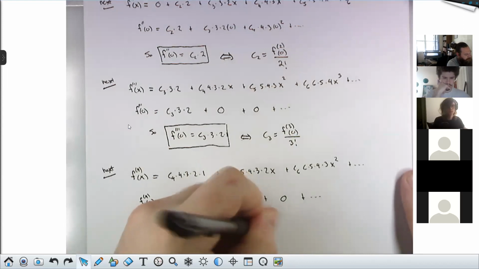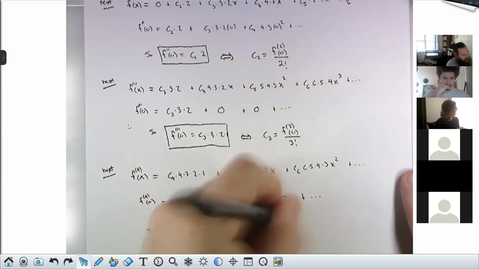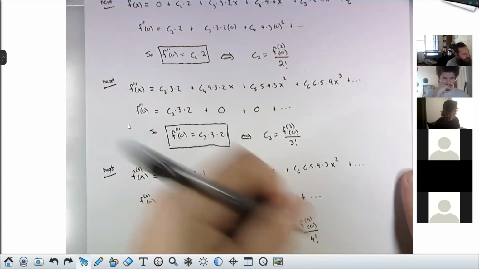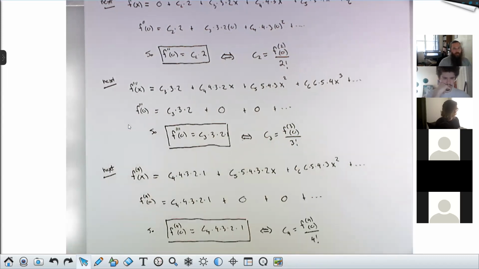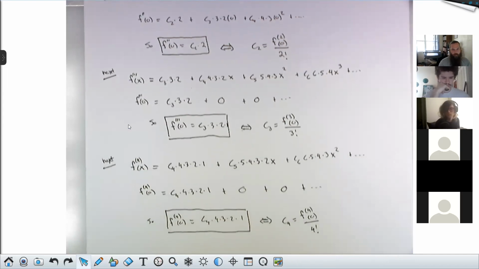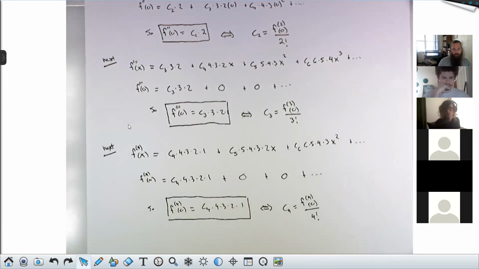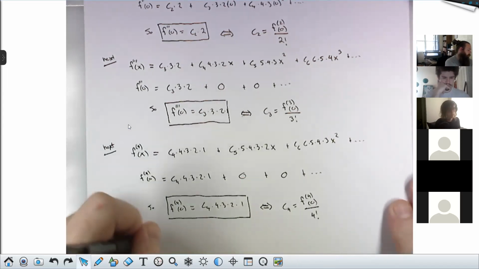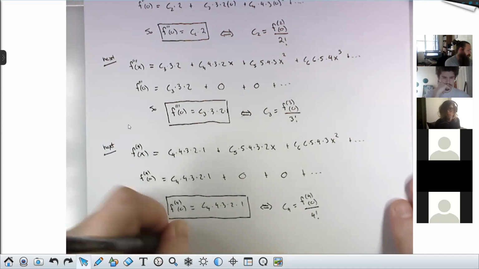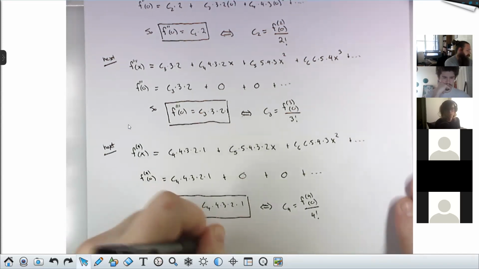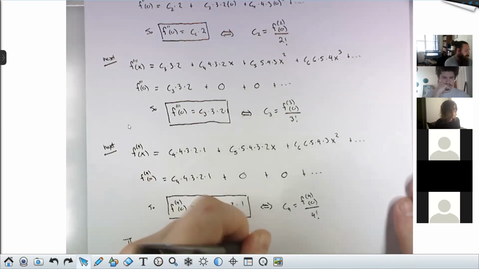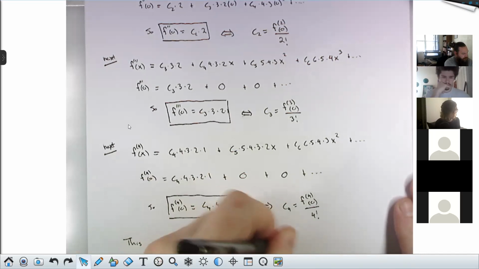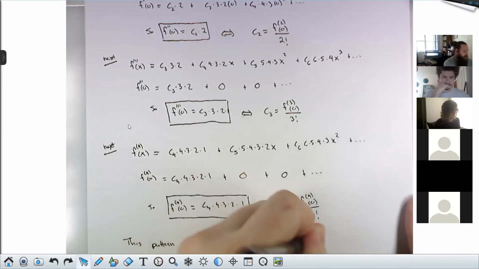This is the same as saying C4 is equal to f4 of 0 divided by 4 factorial. So the pattern is precisely the one that we claimed it to be in the theorem. This pattern shows that Cn is the nth derivative evaluated at 0 over n factorial as claimed.